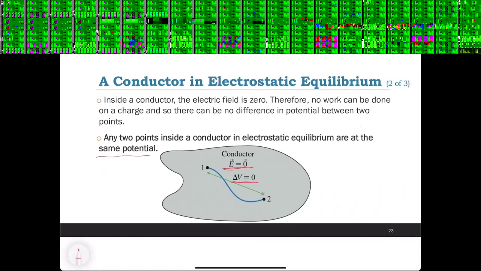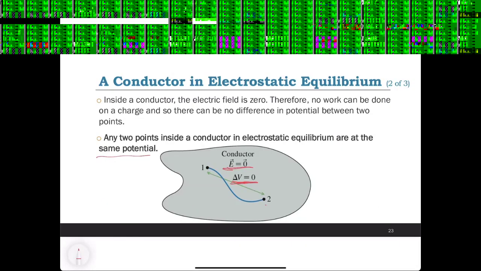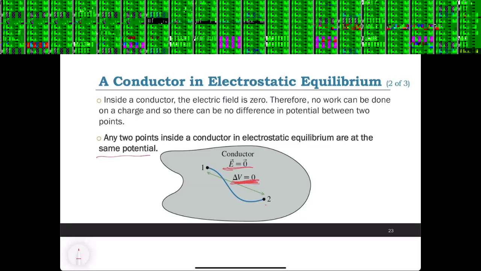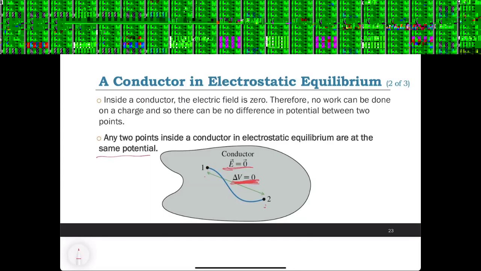That makes sense, because for point 1 and point 2, the difference in electric potential is 0, which means the electric potential at point 1 and point 2 is the same. That makes sense to you.